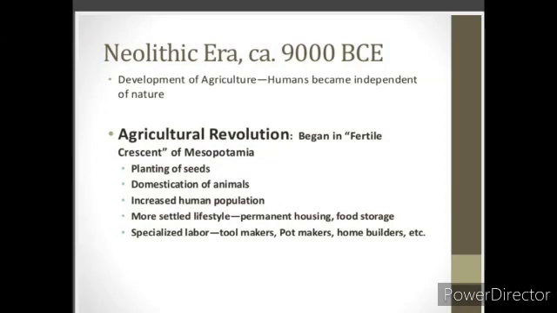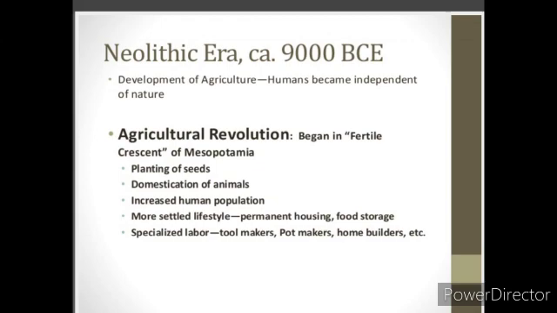Neolithic era, 9000 BCE. Development of agriculture. Humans became independent of nature. The agricultural revolution began in the Fertile Crescent of Mesopotamia.